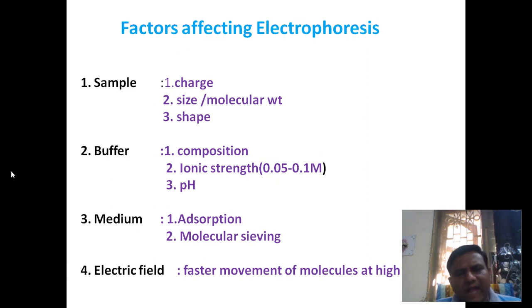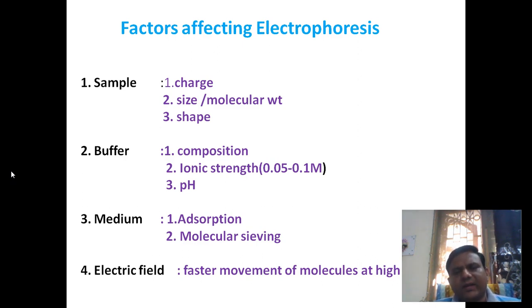Apart from the ionic strength of the buffer, there is one more factor, that is pH, and pH also affects the electrophoretic mobility, because depending upon the pH, whatever molecule we load in the electrophoretic assembly may have a particular charge, and that charge will change due to the varying pH.